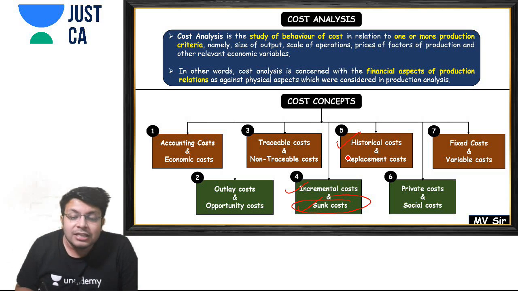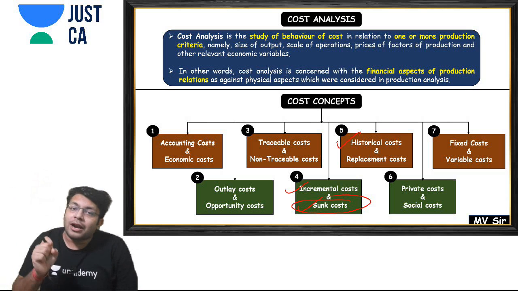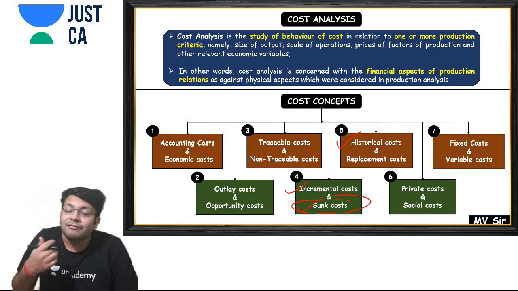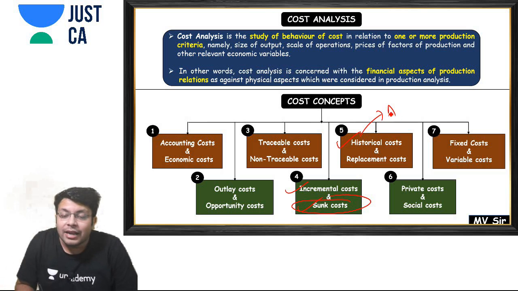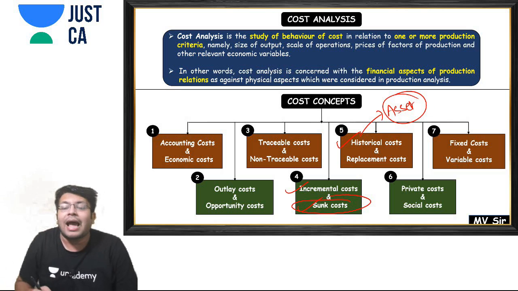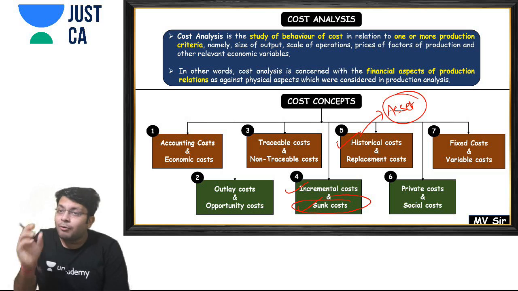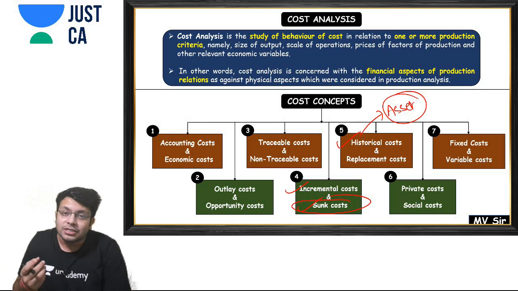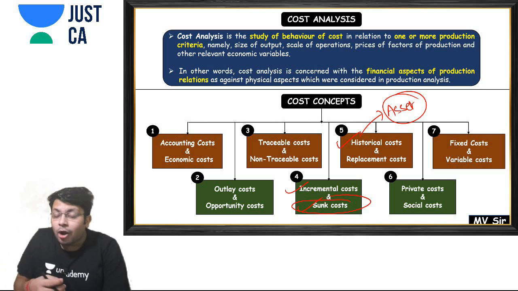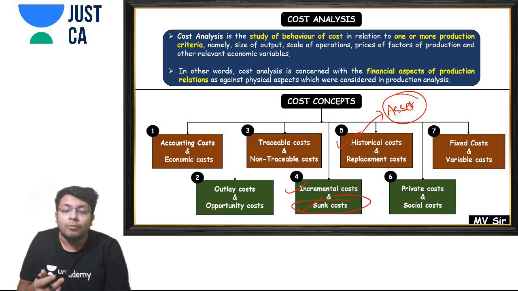Then the next is historical cost. When you buy a product, the price at which you bought it. I'll take an asset. For example, if you are buying an asset for your business, the amount at which you bought that asset is called historical cost. You record your assets at historical cost itself in your books of accounts.